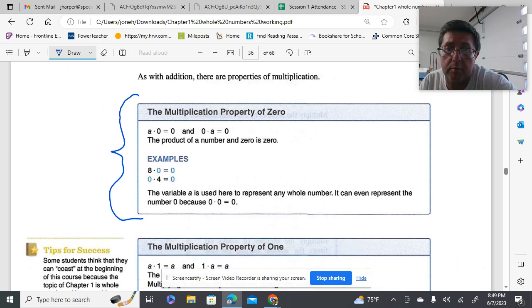So the multiplication property of 0. No matter how many times you multiply 0, it is 0. Because if you have 0, it's always going to be 0 in multiplication. With addition, you still had whatever number.